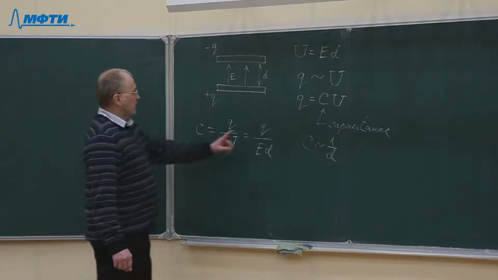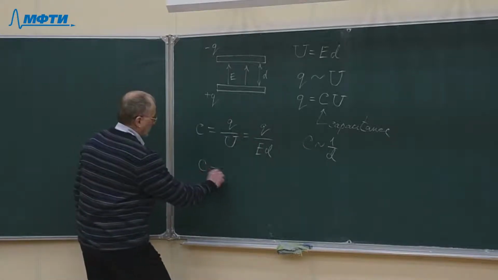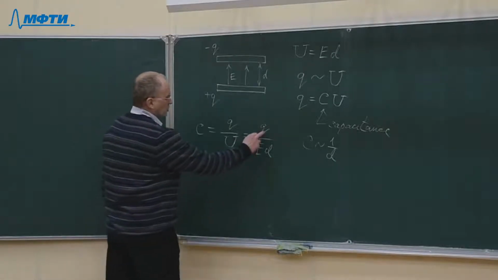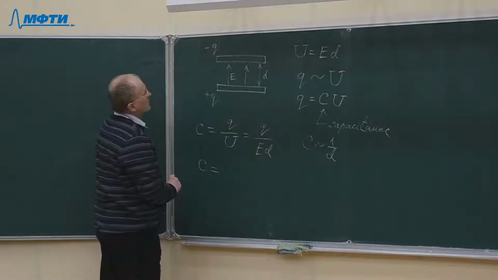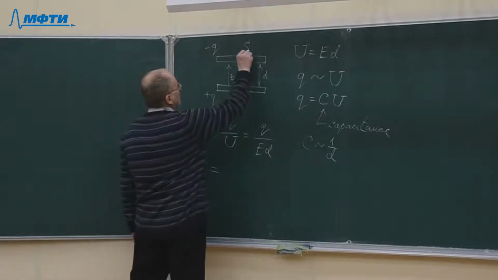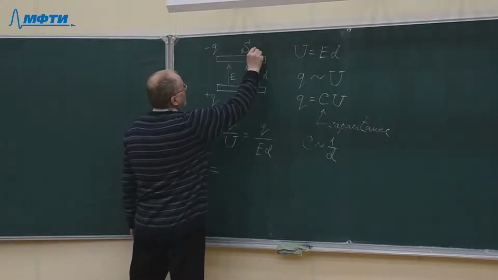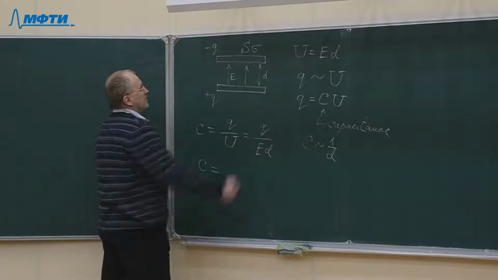Also from here we can write the following expression. The charge on the plate may be expressed using the surface area of the plate and the surface charge density. I will denote this quantity by sigma.